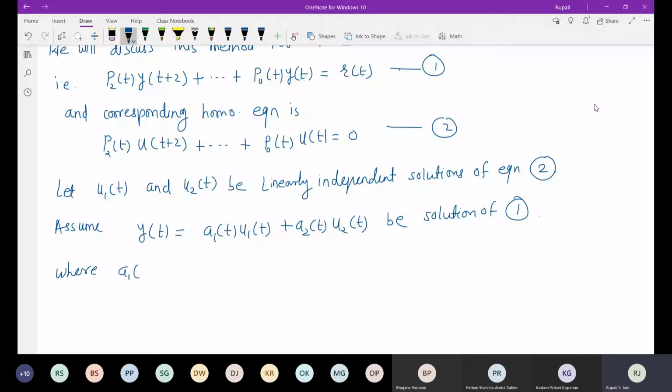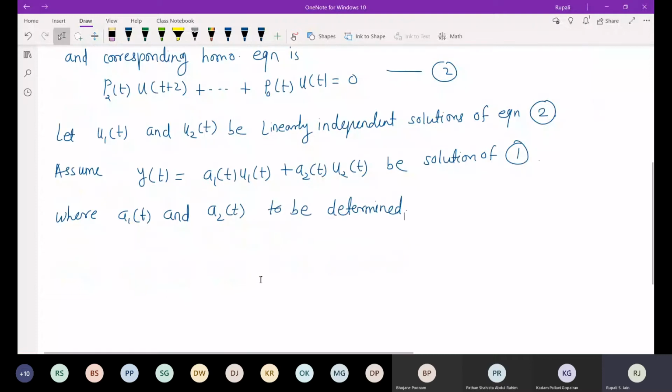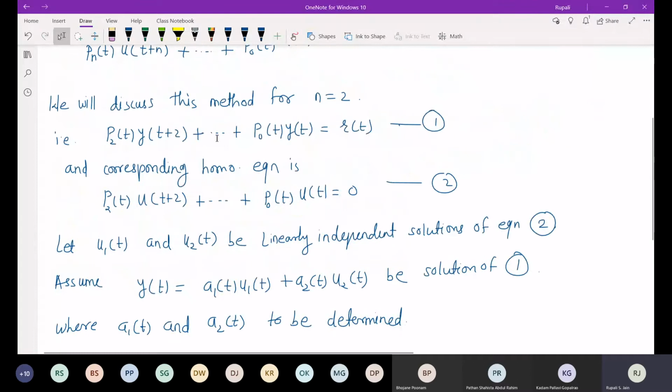Where u1 and u2 are known. Now what is to be determined? Only a1(t) and a2(t), such that it satisfies equation 1. a1(t) and a2(t) are to be determined. So how will we determine this? I want p_2(t) y(t+2) plus, instead of writing the dash, I can write p_1(t) and all that.